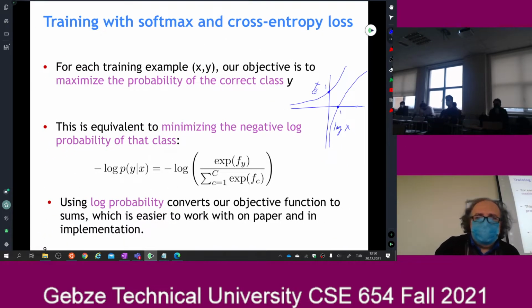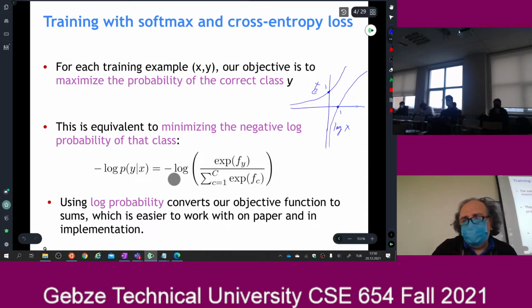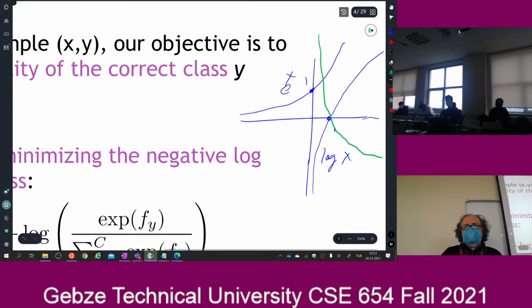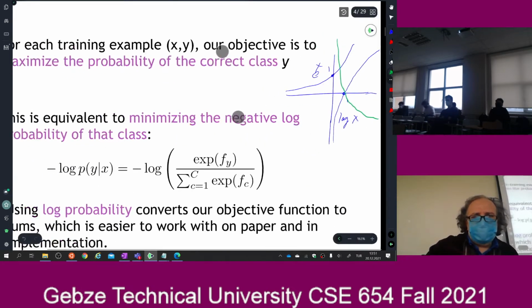When I make this a negative, you realize how it works. I'm trying to draw it in green now. It's going to be like this, right? So this is the negative log. That's what it says.